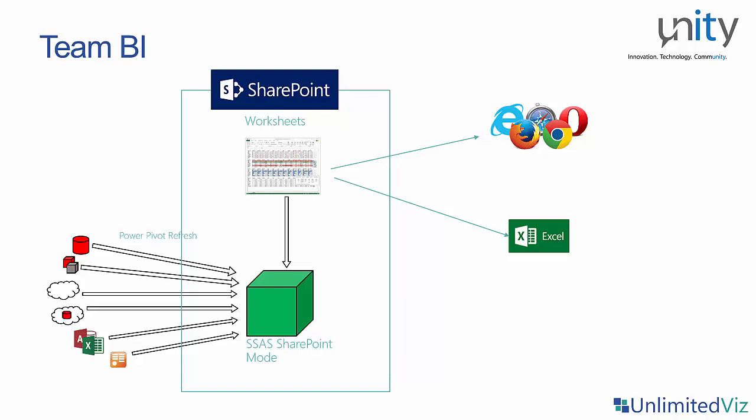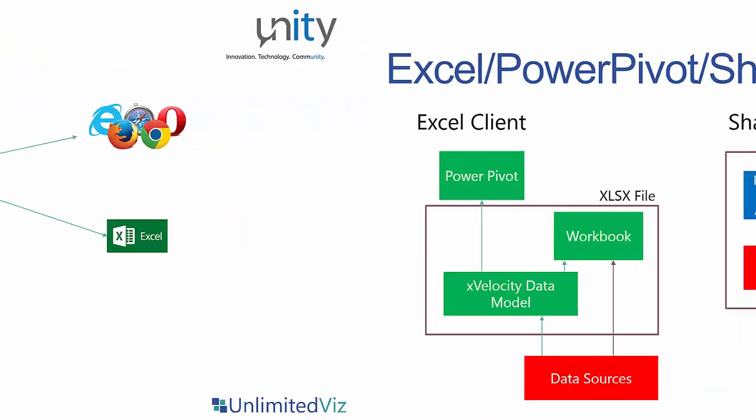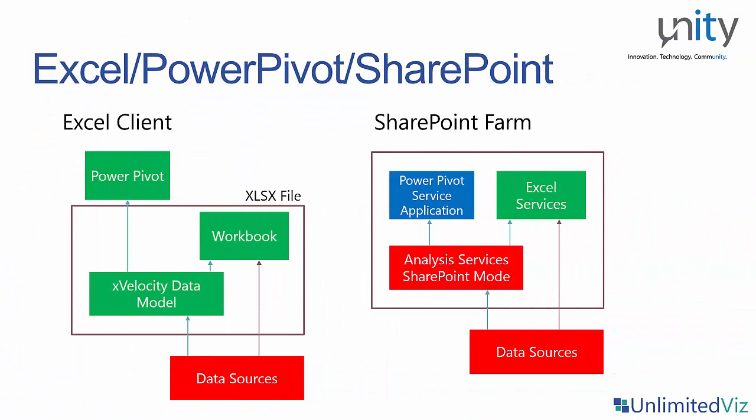So, let's have a look at how Power Pivot works in both the Excel client and in the SharePoint farm. The XLSX file doesn't only contain the workbook, it also contains the xVelocity, or you could also refer to it as Power Pivot, data model.